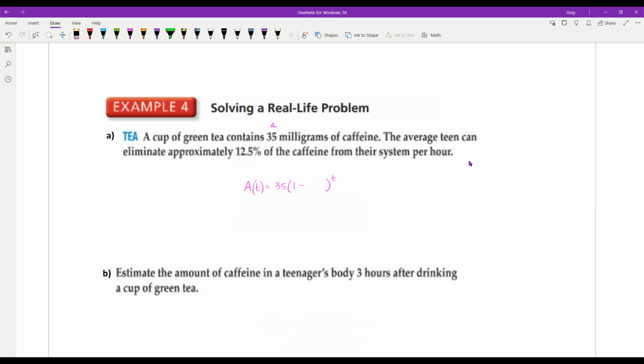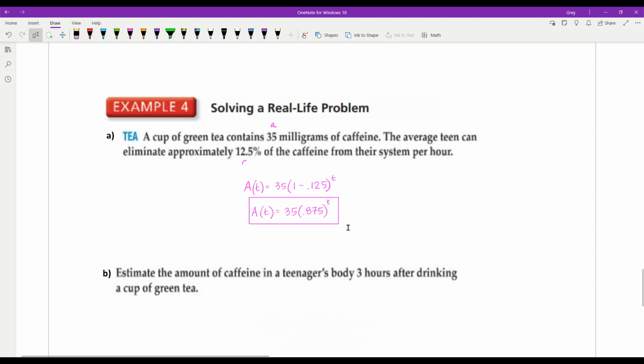My R is the rate that it's leaving the system. So R is 12.5%, but I have to write that as a decimal, which is 0.125. And 1 minus 0.125 is 0.875. So my simplified version would be A of t equals 35 times 0.875 raised to the t.